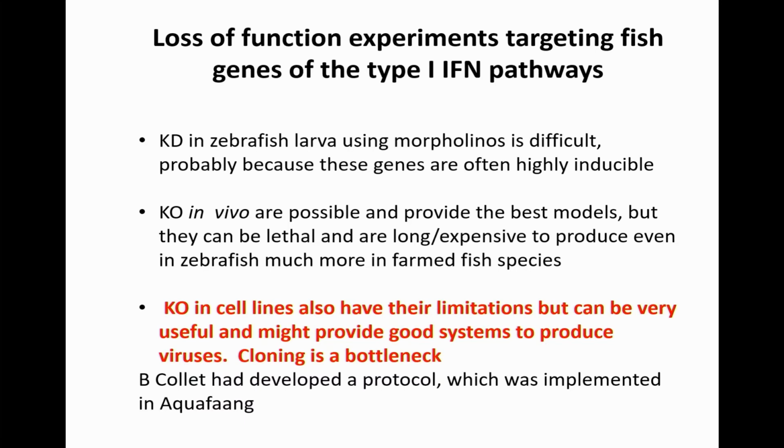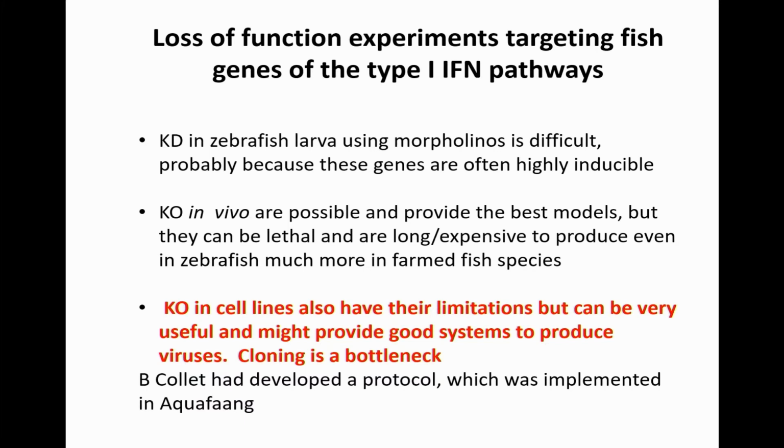So Bertrand actually wanted to set up a protocol to make knockouts in cell lines, which may actually seem very simple, especially for people coming from the mammalian world. But in fish models, it's not so obvious. First, because the fish cell lines are not easy to transfect. It might be a very silly practical problem, but it's a real one.